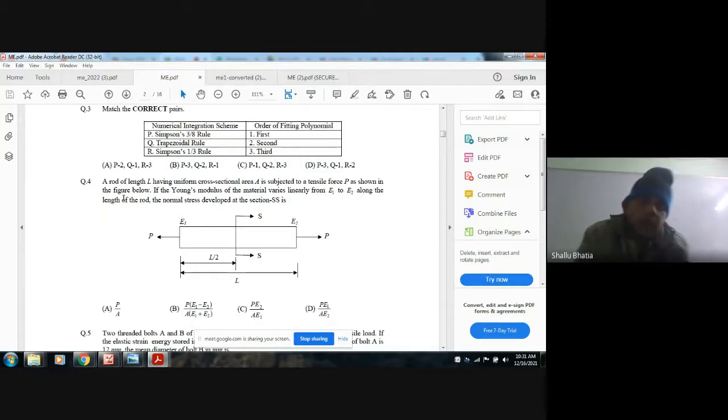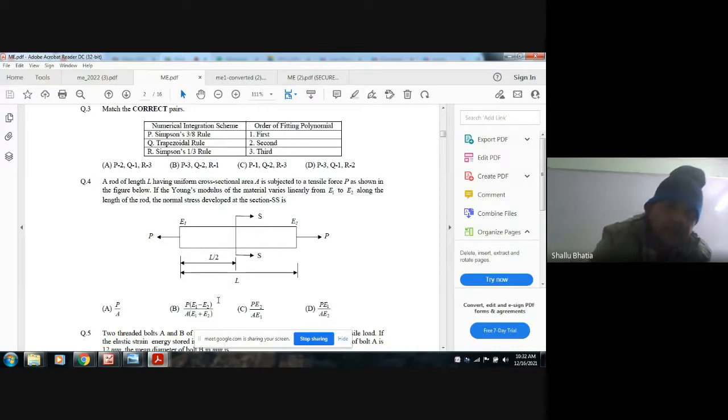A rod of length L having uniform cross-sectional area is subjected to tensile force P as shown in the figure below. If the Young's modulus of the material varies linearly from E1 to E2 along the length of the rod, the normal stress developed in section SS is: option A, P by A; option B, P(E1 minus E2) divided by A(E1 plus E2); C, P E2 by A E1; D, P E1 by A E2.